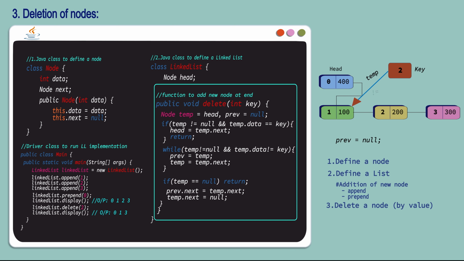Here you can see 0 and 1 do not match with the temporary and it will keep traversing up to 2. And when 2 is matching, we will make the temporary obsolete and establish links between its previous and the next element. Now you can see the link is established between 1 and 3 and 2 got deleted. And now the list becomes 0, 1 and 3.